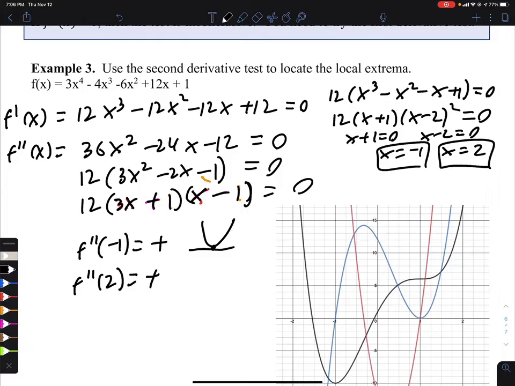Wait a second. I think one of those was supposed to come out to be 0, and so I'm a bit confused. Let me double check my work. x minus 1, 3x plus 1. Let me double check because something just doesn't seem right. So f double prime of 1.